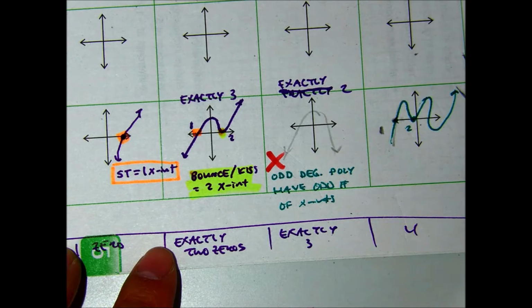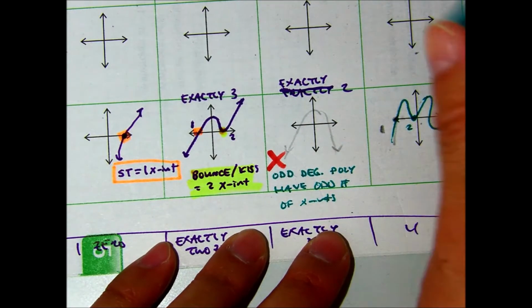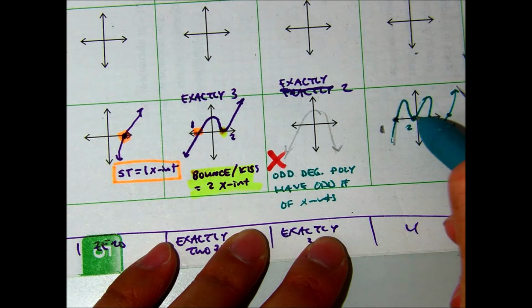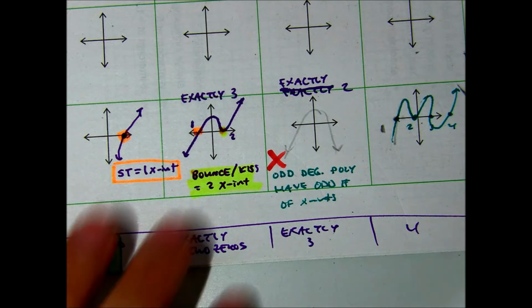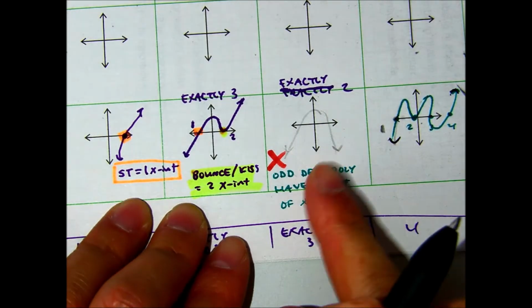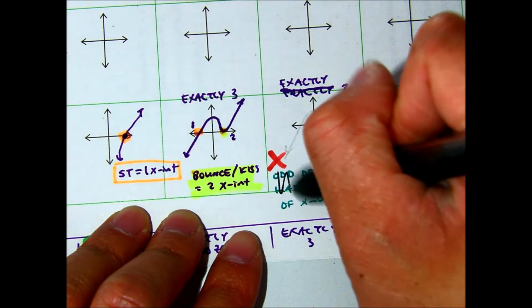Okay. There's a difference between zeros and x-intercepts. Here they want just zeros. So this would be a graph that has 4 zeros. 1, 2, 3, 4. A third one is actually possible. Cross that off.